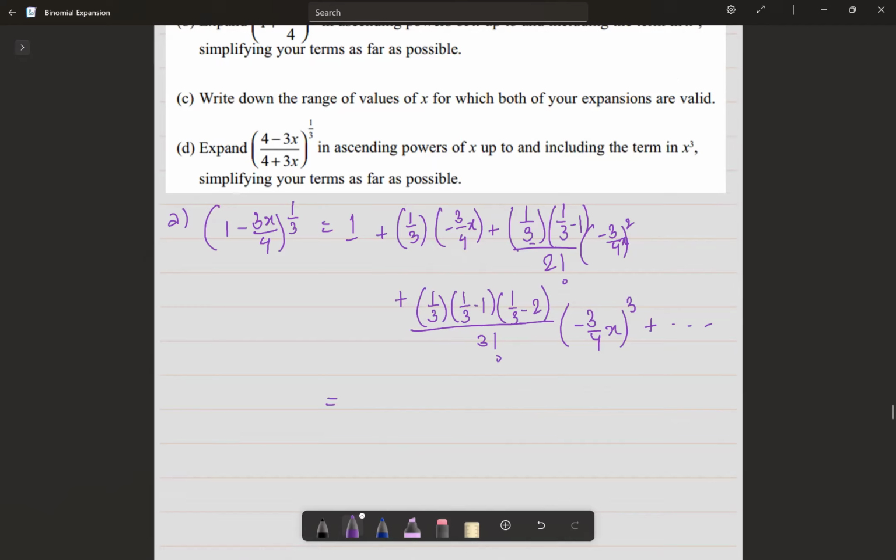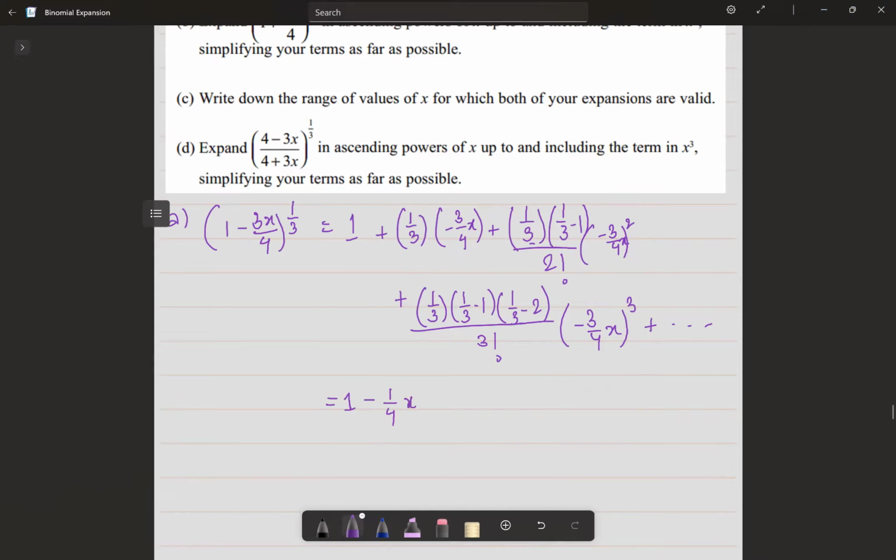So in here, what do we get? If we use our calculators, our first term is going to be 1. Then the next one, when we multiply, we are going to get minus 1 by 4 x.